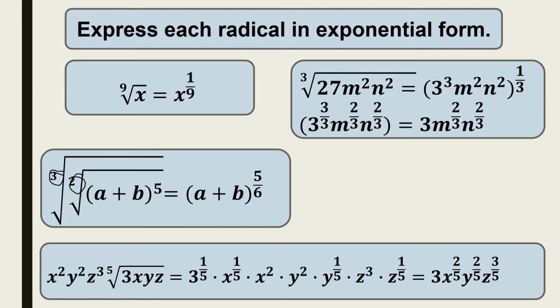You just change this radical into exponential form. Then after you change that, sir, why is there no 1/5 here? Okay, I forgot to write it, but now I will write it. Therefore, that is the simplified form of this number.